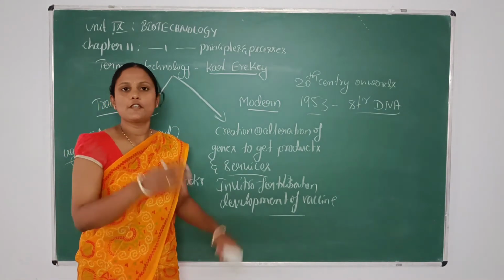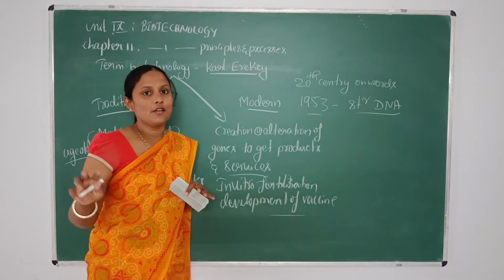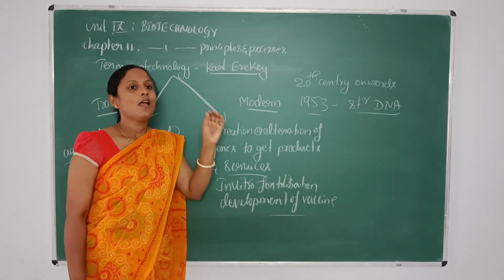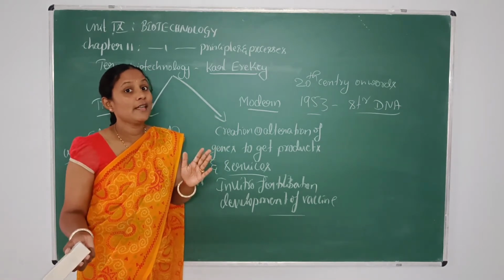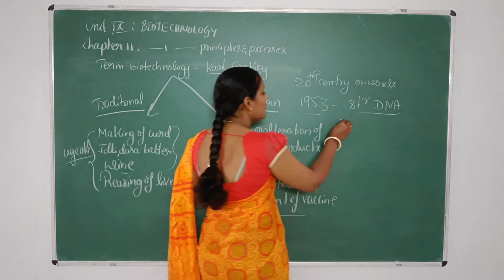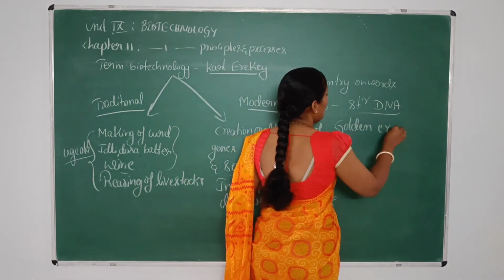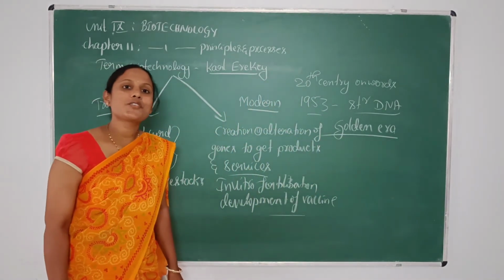That is, in the middle of the 20th century, there was a drastic acceleration given to modern biotechnology. Hence, the mid 20th century onwards is called the golden era. It was called the golden era in biology because of the discovery of the structure of DNA.